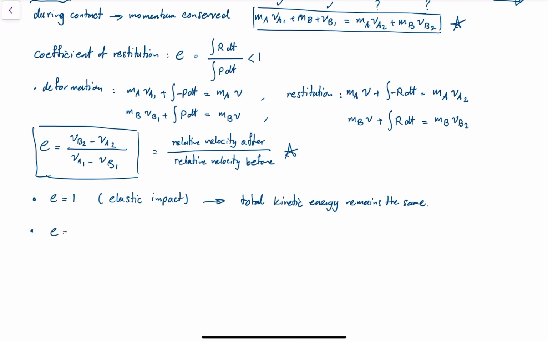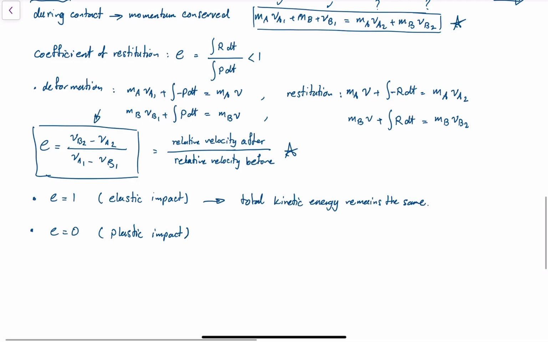The other limiting condition is when e equals 0. This is called purely plastic impact. Note that if e is equal to 0, looking at this equation, you will see that V_B2 minus V_A2 must be 0. In other words, the two bodies will move together with the same velocity after the impact.